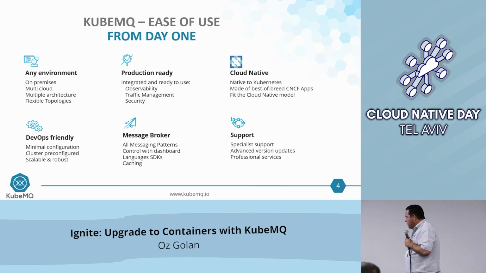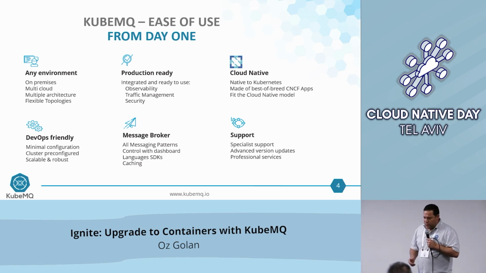And what we are offering today is KubeMQ as an out-of-the-box ready product that anybody can download. Few elements that are important: it supports any environment. You can use KubeMQ on-prem, on cloud, multi-cloud, however you want. DevOps friendly. It was highly important for us.